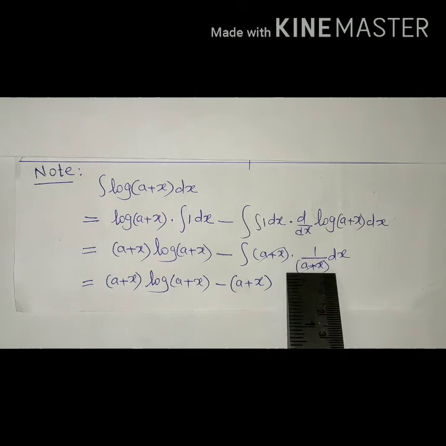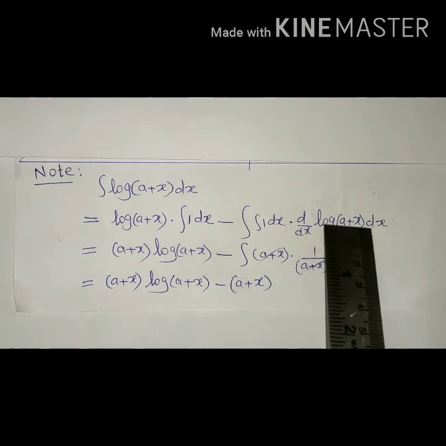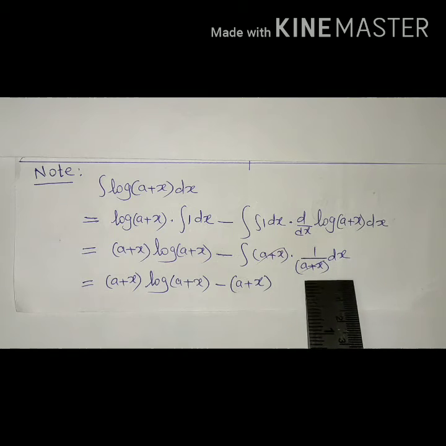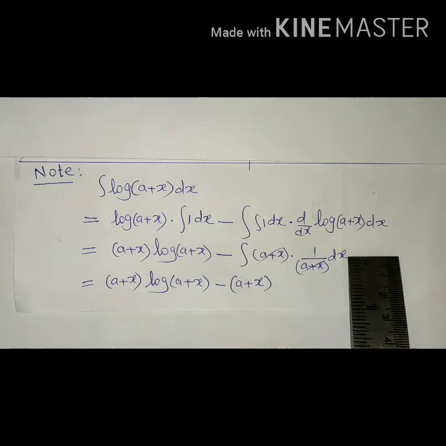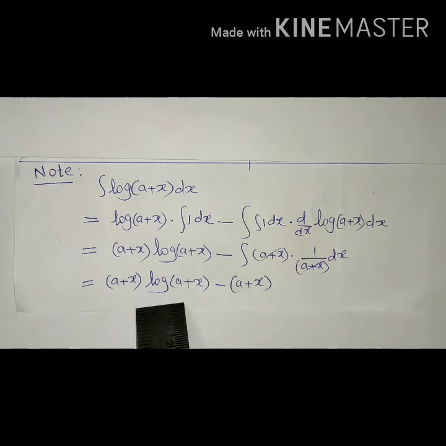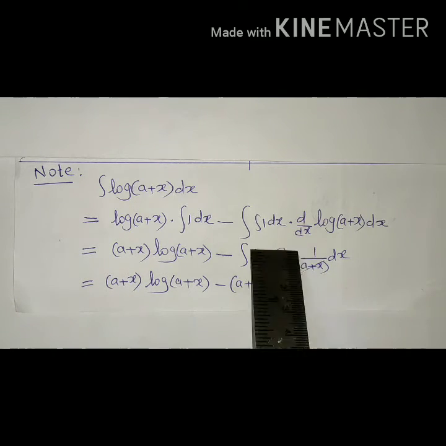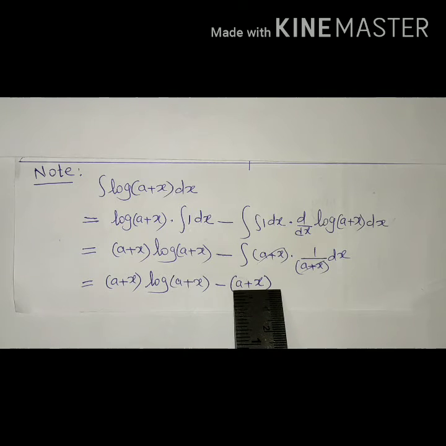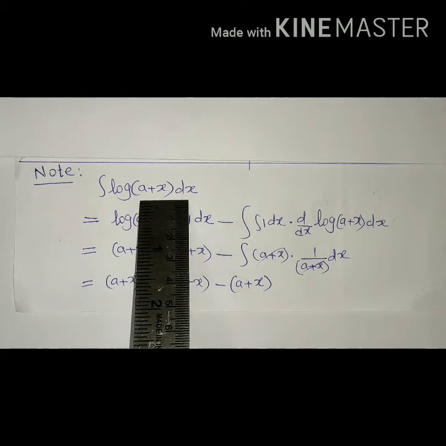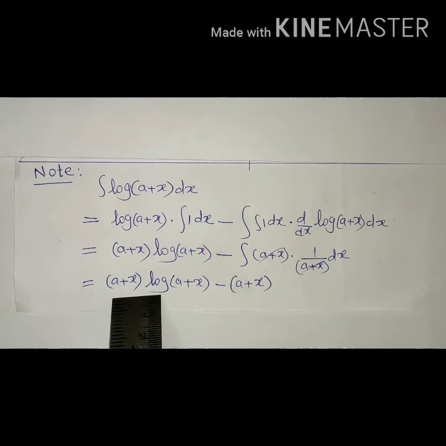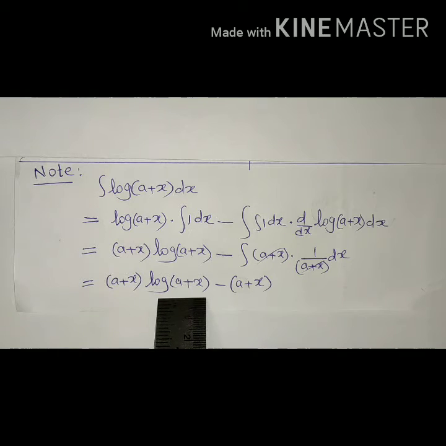We have written this value as a plus x, and derivative of this log of a plus x is 1 upon a plus x dx. So you observe this a plus x gets cancelled and you are left only with integration of 1 dx. First term as it is, a plus x times log of a plus x and minus this integration, that is a plus x. So what is my result? Integration of log of a plus x dx is equal to a plus x times log of a plus x minus a plus x.